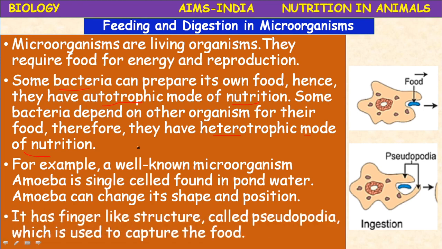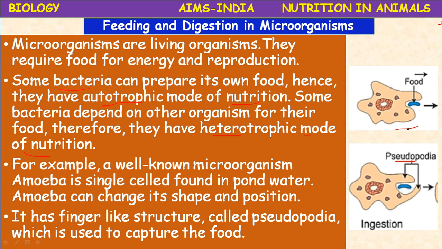We know very well it belongs to protozoa, a unicellular organism. It has finger-like projections. You can observe here in the image. They possess finger-like projections called pseudopodia. With the help of these pseudopodia, they capture the food and swallow the food.